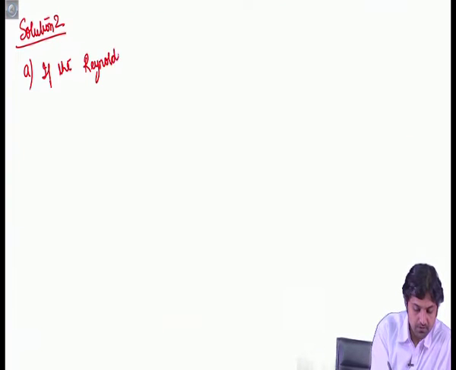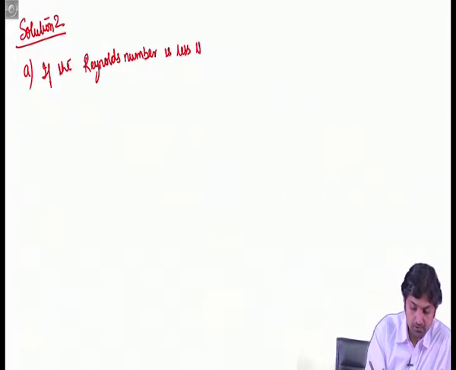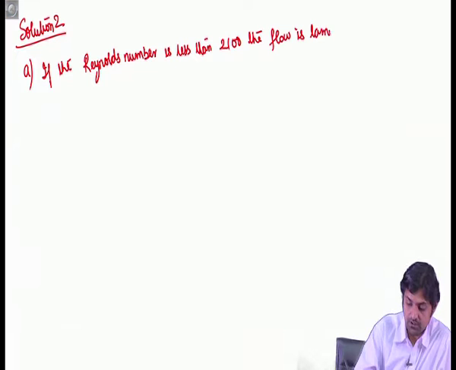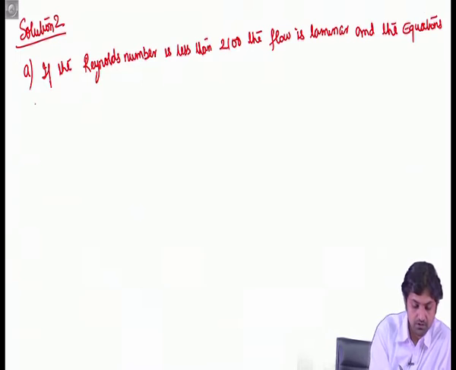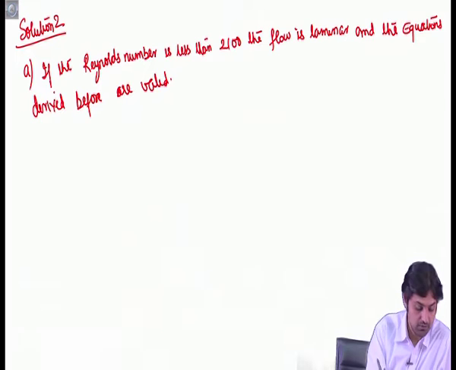The solution to the first one: if the Reynolds number is less than 2100, the flow is laminar, correct, and the equations derived before are valid.